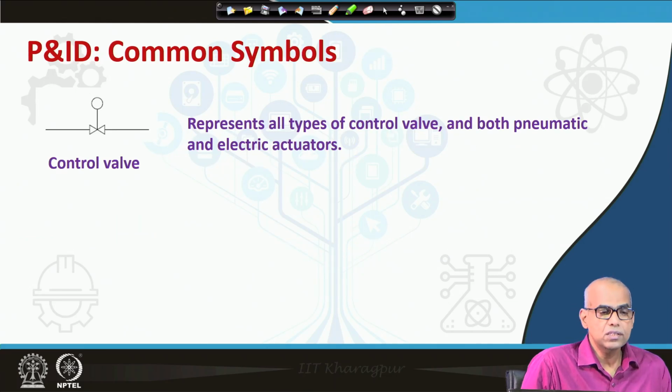Now, let us be familiar with the common symbols that are used to build process piping and instrumentation diagrams. What you see is a representation of all types of control valves, both pneumatic and electric actuators.